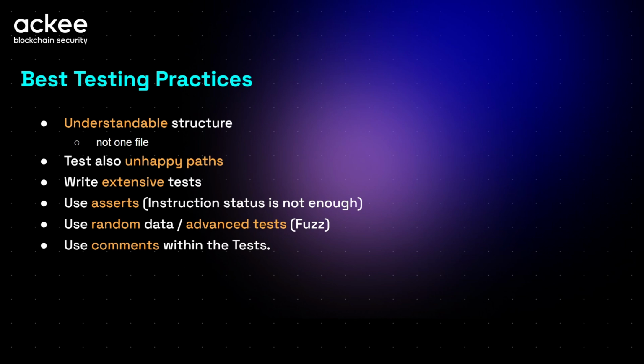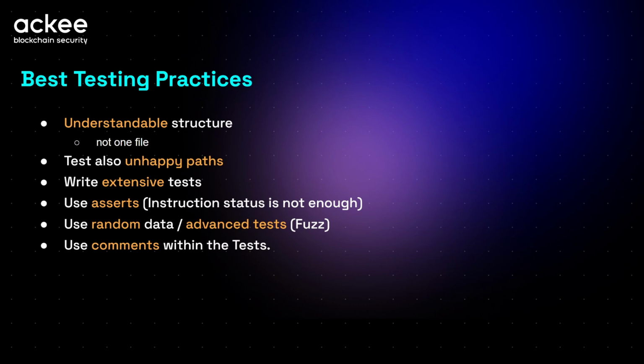So let's say you are developing a trading platform. It is not enough to just test the trading for one value, for example someone wants to buy 10 tokens. You should create tests that generate random values for these trading amounts, and then test the Solana program with these random values.